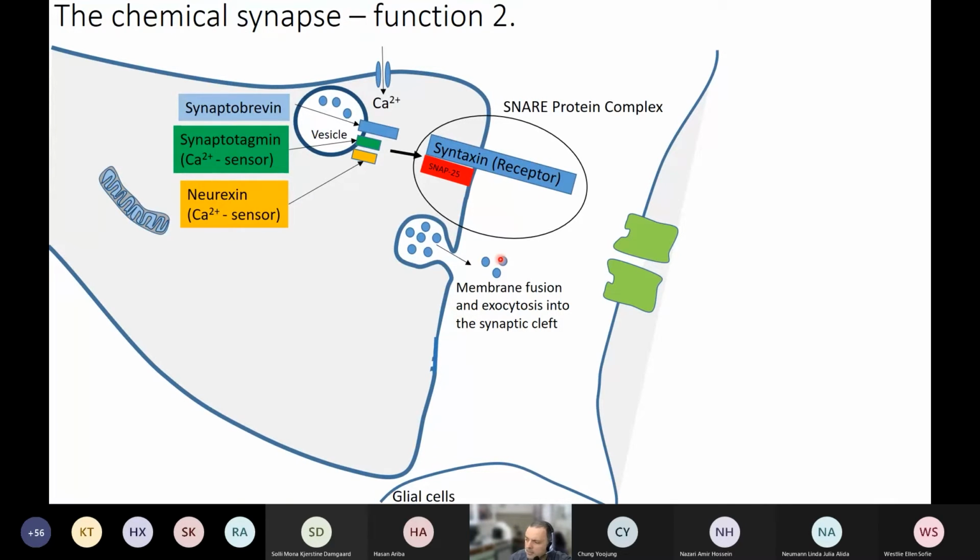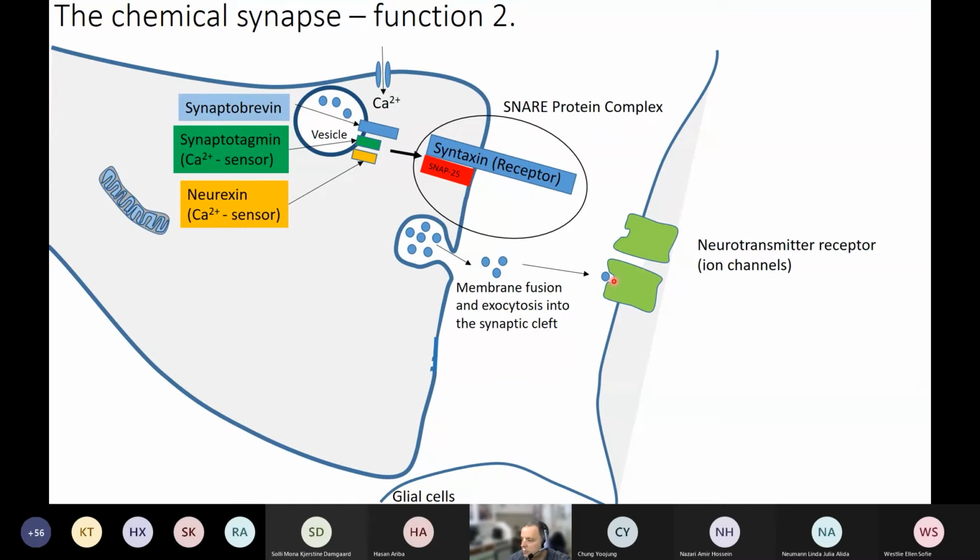Now, if the synaptic cleft has the neurotransmitter, then it diffuses very fast to the postsynaptic structure, where we have receptors for that. In the postsynaptic membrane density, we have neurotransmitter receptors, and the neurotransmitters bind to the surface of those receptors, which are most of the times, not always, but many times, ion channel coupled receptors.